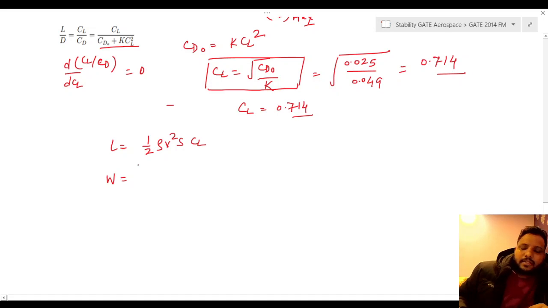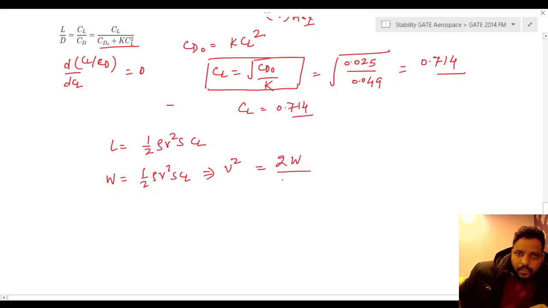So I will replace this lift with weight in half rho V square S into CL, and since we are solving for velocity V, V square is twice of W divided by rho S into CL, or V is square root of 2 W by S into 1 by rho into CL.